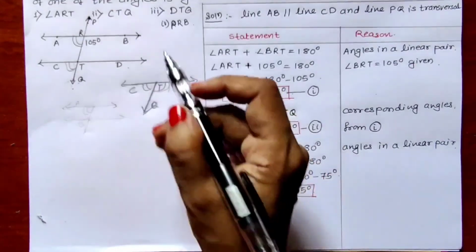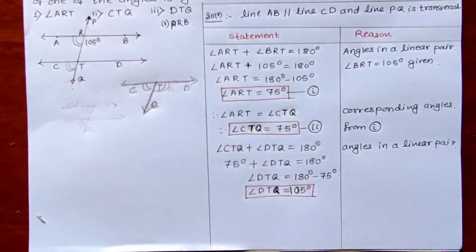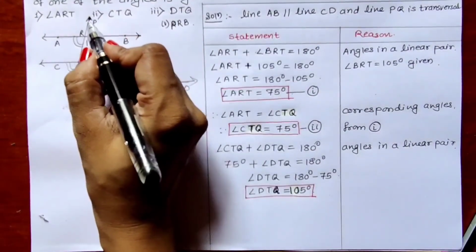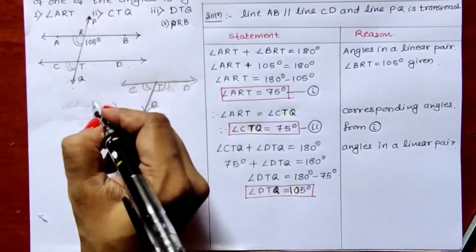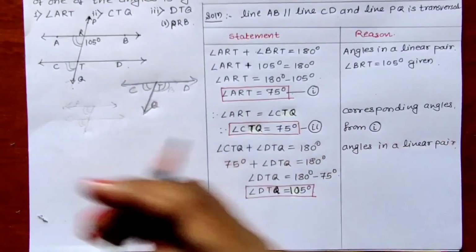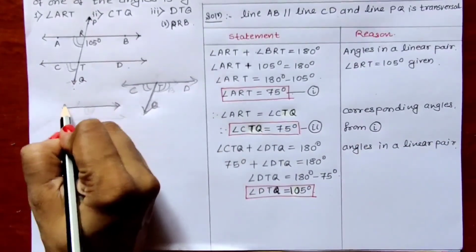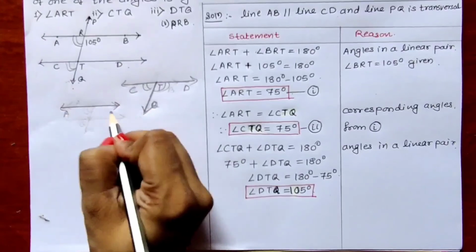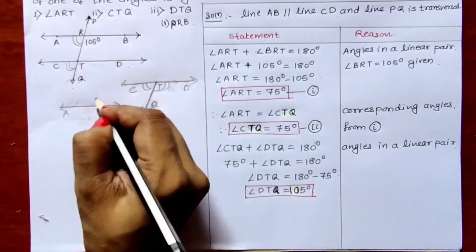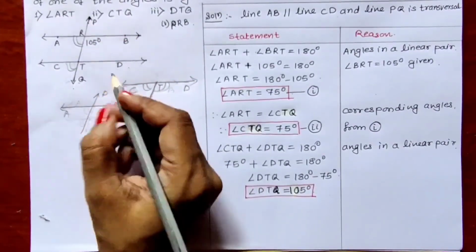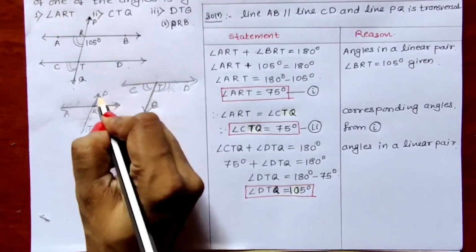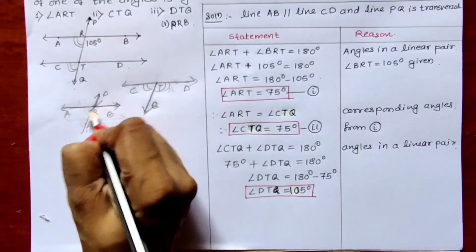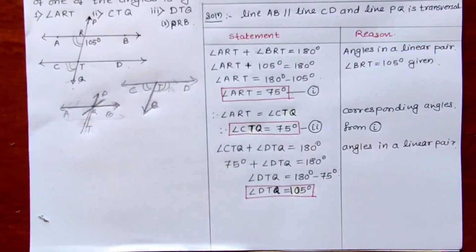Now last angle we will have to find out, PRB. Now see this PRB here. ART and PRB, if you observe this line AB, line AB I am drawing here, and then this line PRT. So PRB and ART, these two angles are vertically opposite angles, and that's why they are congruent with each other.